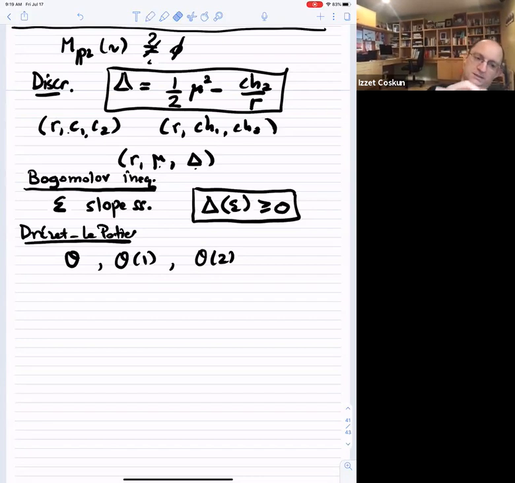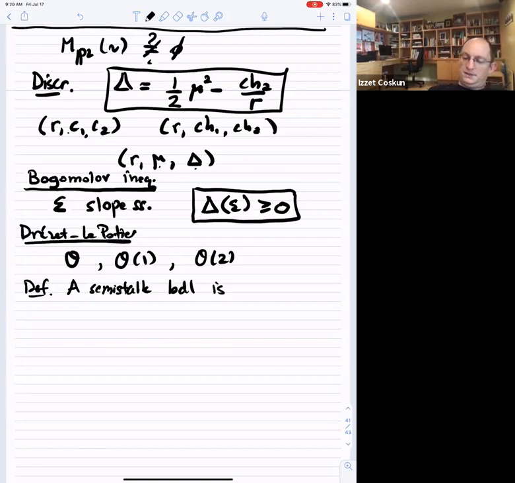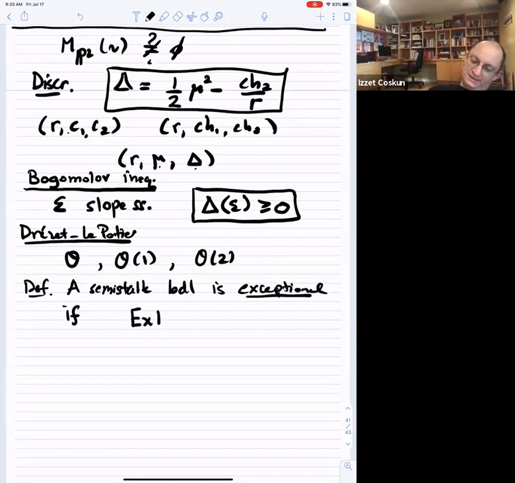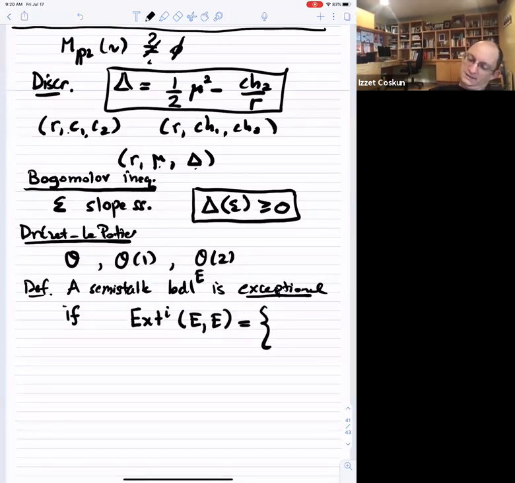A semi-stable bundle E is exceptional if the following happens: Ext^i(E, E) is equal to C if i equals 0 and 0 otherwise.